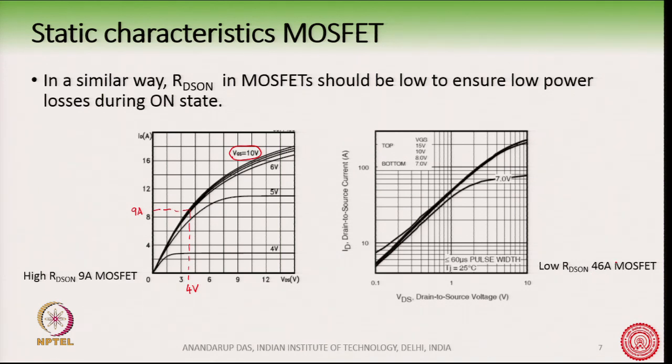Now, for this 46 ampere MOSFET, suppose again I take a VGS of 10 volt. So, it will be on this curve here. For the rated current of 46 ampere, we are somewhere here, where the VDS is about 0.9 volt.